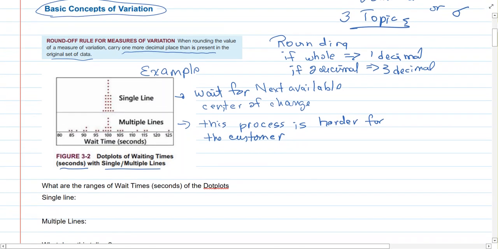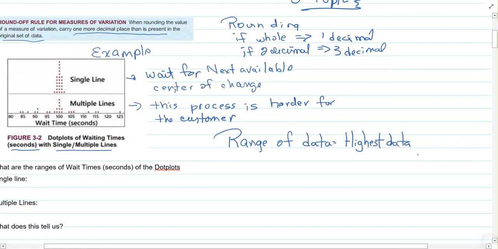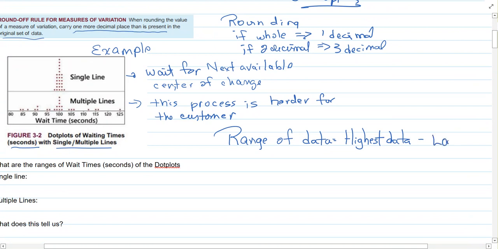So we're going to talk about the ranges. Well, what is a range? It is the highest data value minus the lowest.